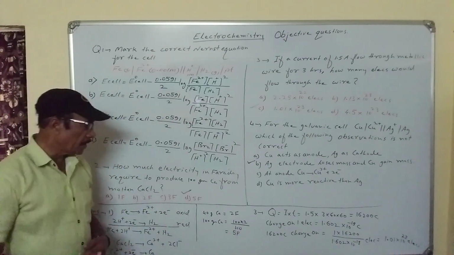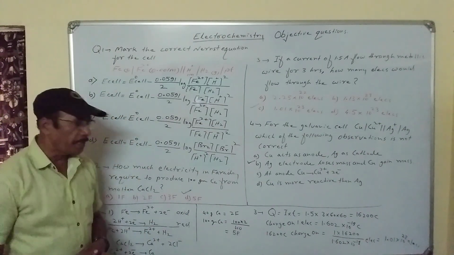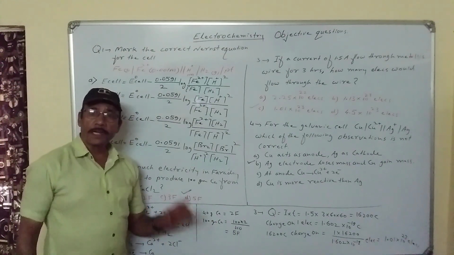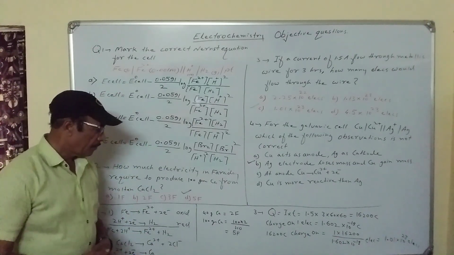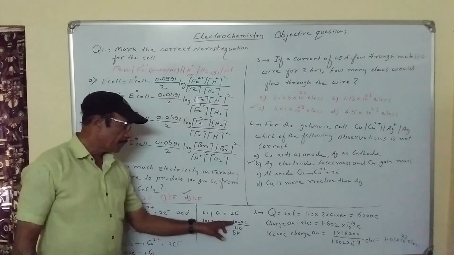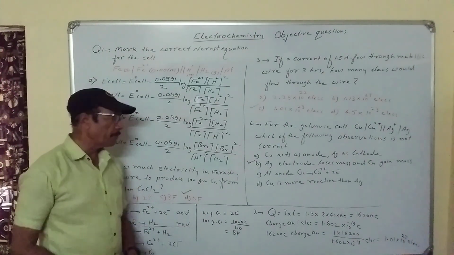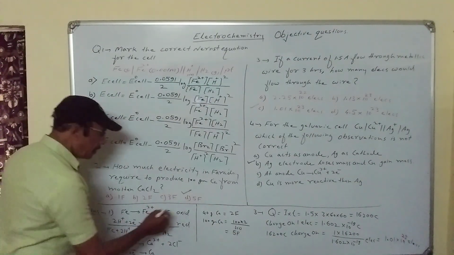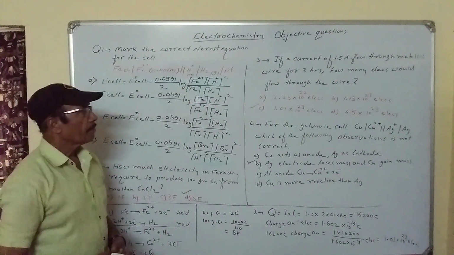One Faraday equals 1 gram equivalent, and 1 gram equivalent of calcium is 40 divided by valency 2, that is 20. By 1 Faraday, 20 grams of calcium will be deposited. So 100 grams of calcium would need 100 multiplied by 2 divided by 40, that is 5 Faraday. For question number 2, option D, 5 Faraday, is the correct one.